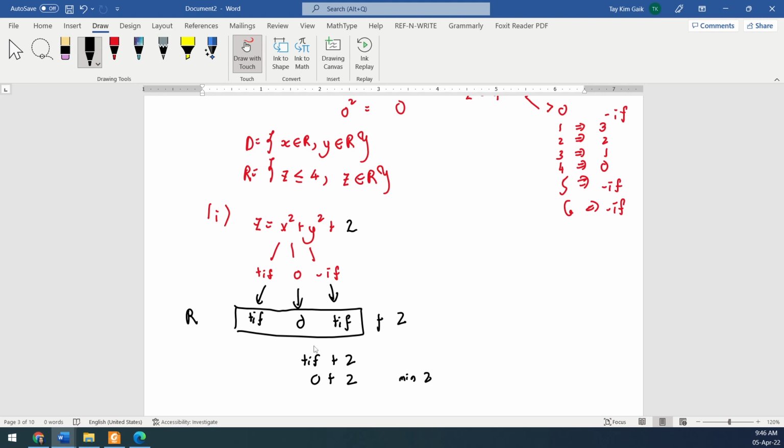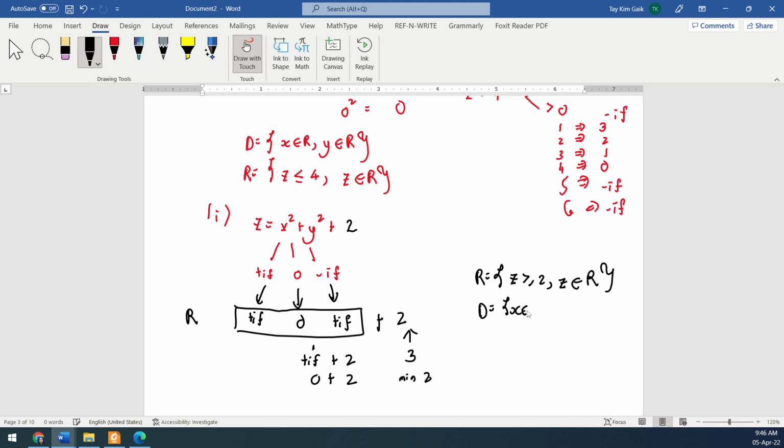Let's say this is 1, so 1 plus 2 is 3. 2 plus 2 is 4. So the value goes from a minimum of 2 to positive infinity. That's why the range is z greater than or equal to 2, where z is a member of the real numbers. And for the domain, because of x squared and y squared, there is no restriction: x and y can take 0, positive or negative numbers.